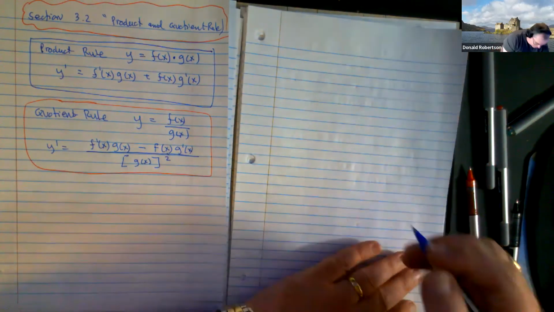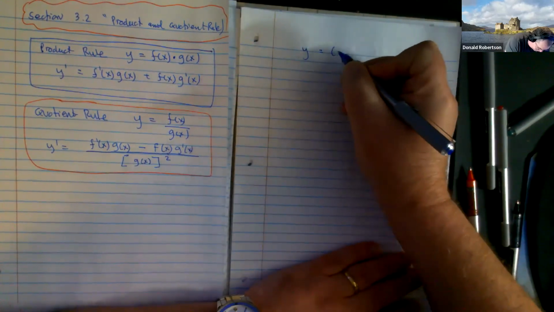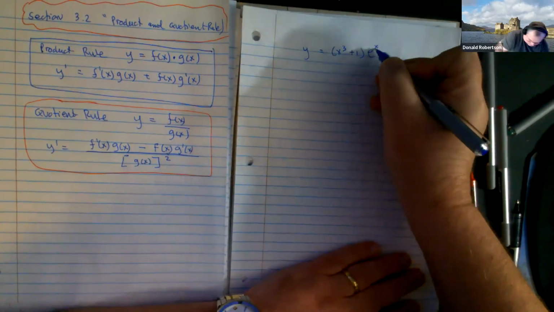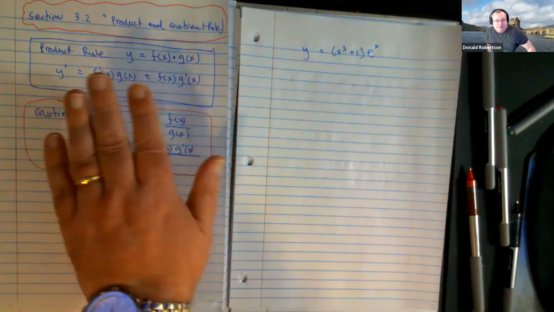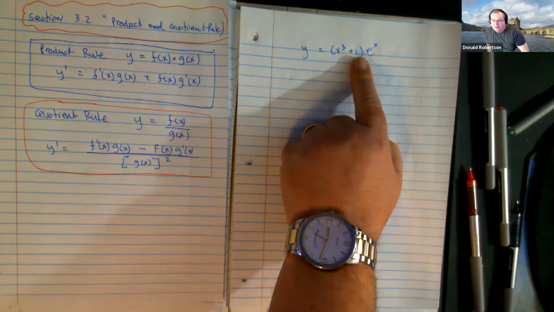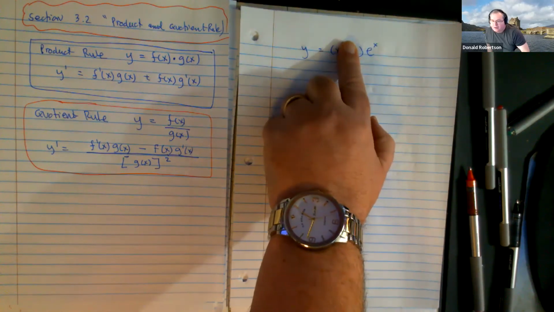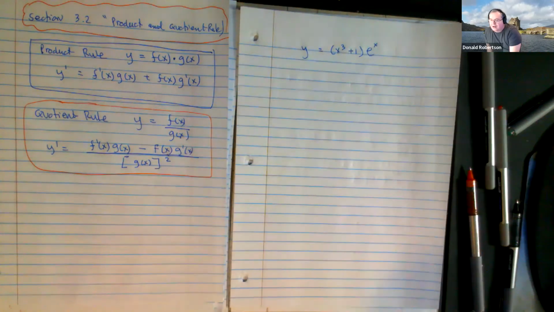So let's show you an example of a product rule. Right now, if I didn't tell you about the product rule, wouldn't that be impossible to do? You know how to differentiate x cubed plus 1, and you know how to differentiate e to the x. But the minute they multiply together, aren't all bets off? Isn't it now a totally new function?